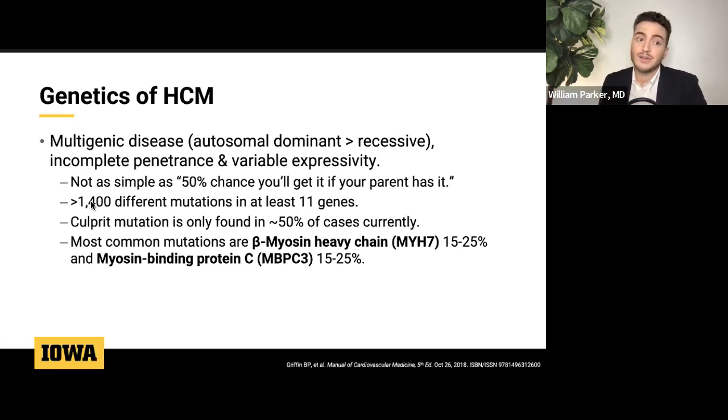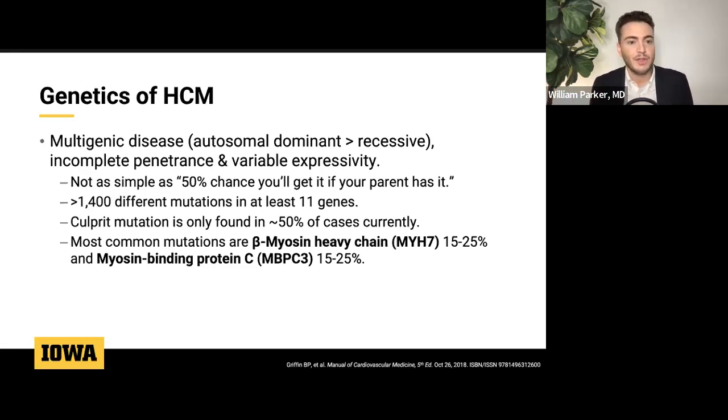There are over 1,400 different mutations that have been recognized to contribute to hypertrophic cardiomyopathy in at least 11 genes. Culprit mutations are only found in half of the patients. In half, we never find a genetic explanation for their underlying hypertrophic cardiomyopathy.